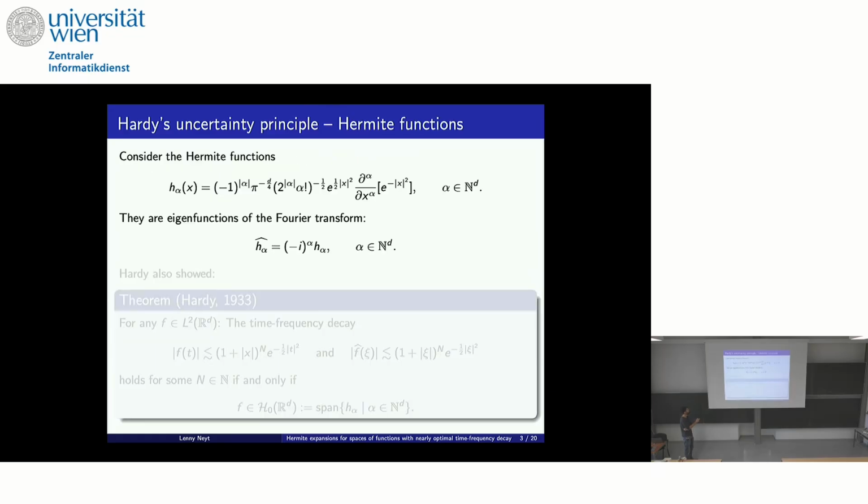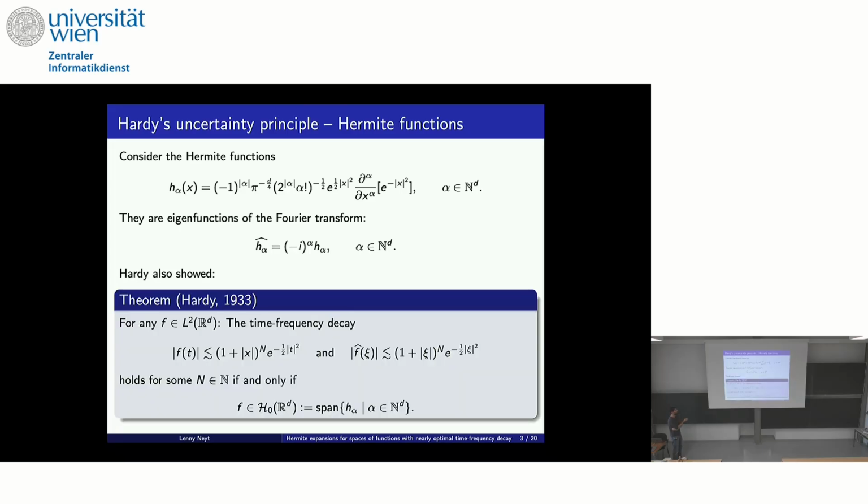Namely, if you introduce, as we all know, the Hermite functions, which are eigenfunctions of the Fourier transform, so which already give you some notion that they might have a good isotropic time frequency decay, then if the function has this Gaussian decay, but multiplied by some polynomial of some degree n, again isotropic in its time frequency decay, then this holds if and only if this function belongs to the linear span of all of the Hermite functions. So we already showed that in that point.